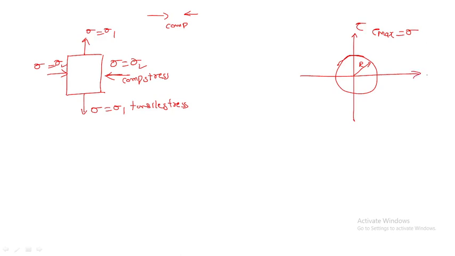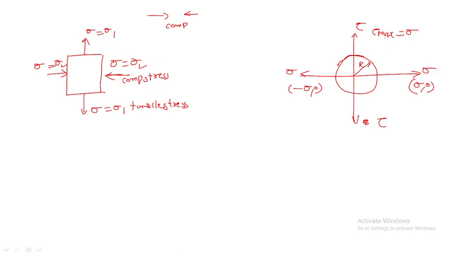Here we can say this one also this value, here also this one. So what is the value? Here we can say this is 2 comma 0, this is minus 2 comma 0. At the bottom it is the tau value, at the top it is tau max.